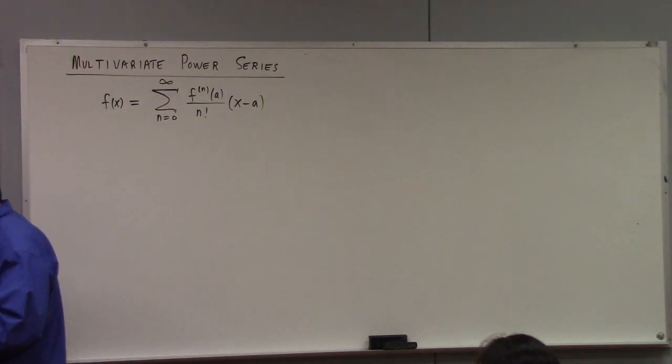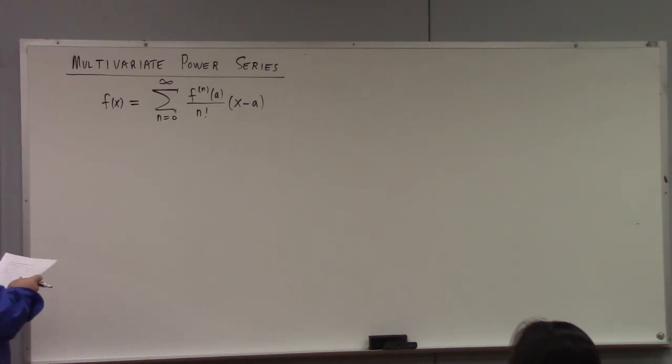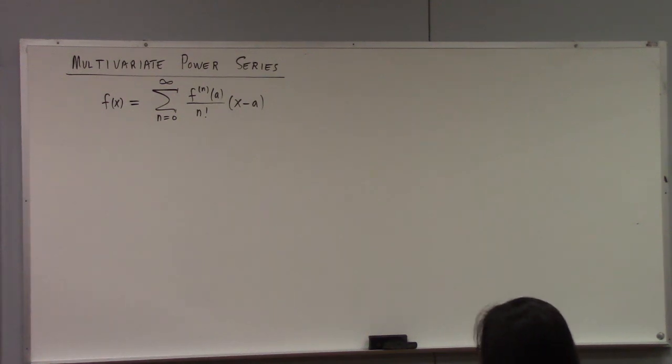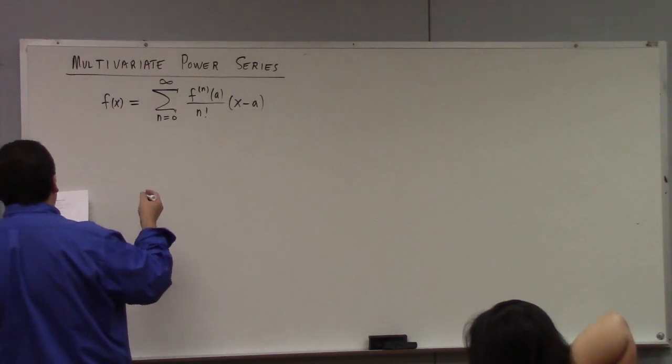So this is the Taylor series centered at a for the function. And so if you don't know the power series for a function, if you can differentiate it, you can generate it through differentiation, right? But this is very, very slow and almost always the wrong way to generate the power series.